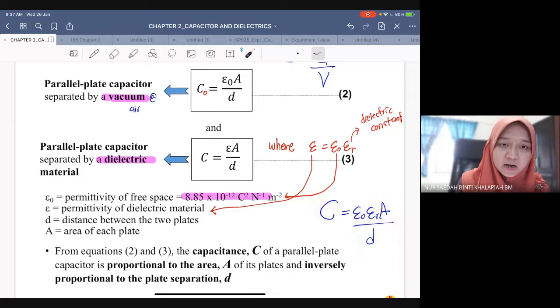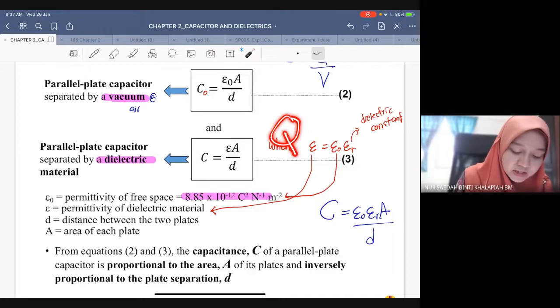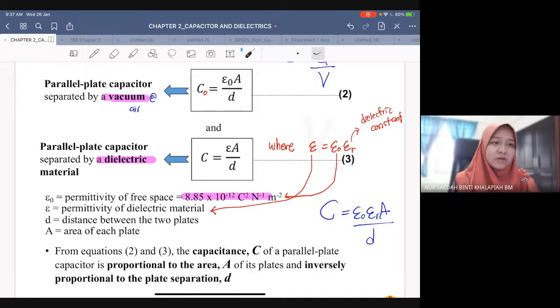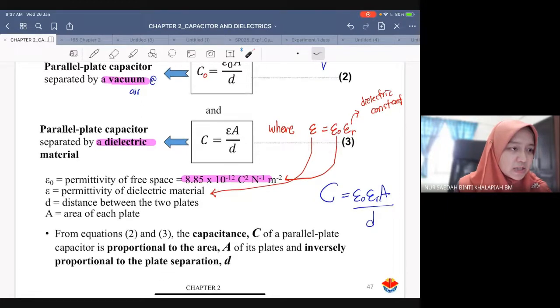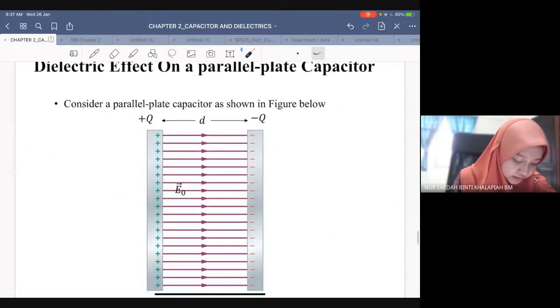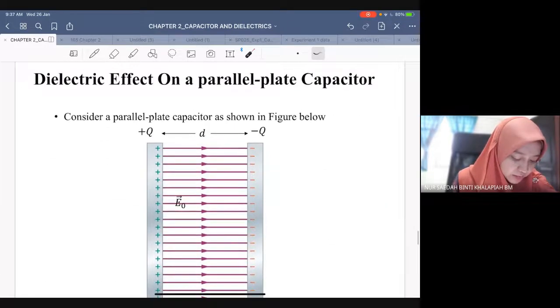So 3 cara untuk mengubah nilai capacitance, not from the charge and not from increment of the voltage. Bukan itu cara untuk ubah kita punya capacitance. Madam dah cakap, capacitance kita directly proportional with area and inversely proportional with distance.